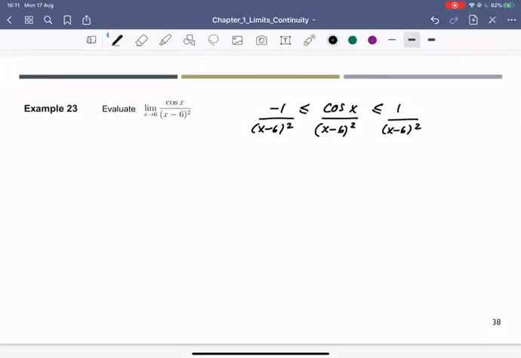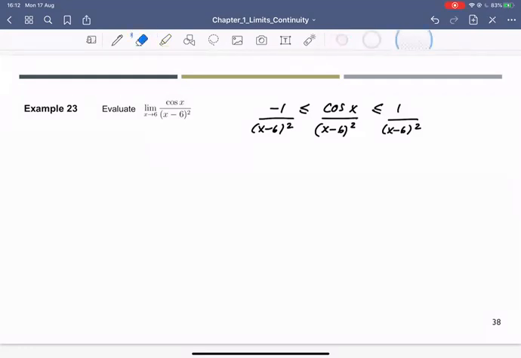Well, no, the squeeze theorem does not work, because if you take the limit of 1 over (x minus 6) squared, you should get, oh no, it's plus infinity. So if you use the squeeze theorem, you're going to end up with the limit of cosine x over (x minus 6) squared between negative infinity and plus infinity. It does not help at all.